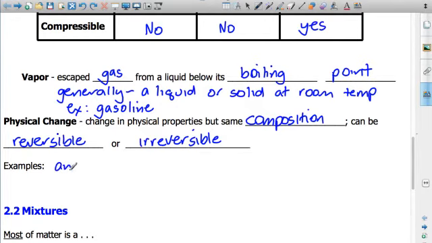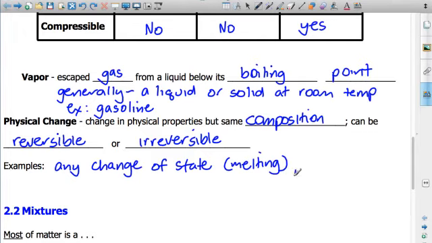Examples include any change of state, like melting, for example. Cutting, like if you cut your hair, that's a physical change. That's a physical change that's irreversible. Grinding solid up into a powder.